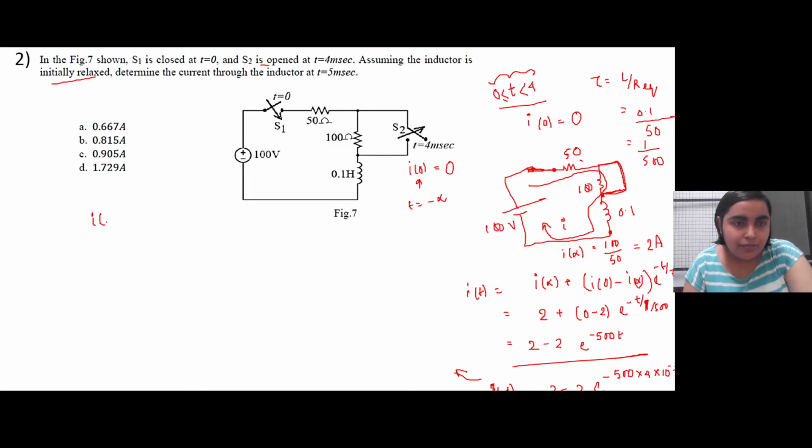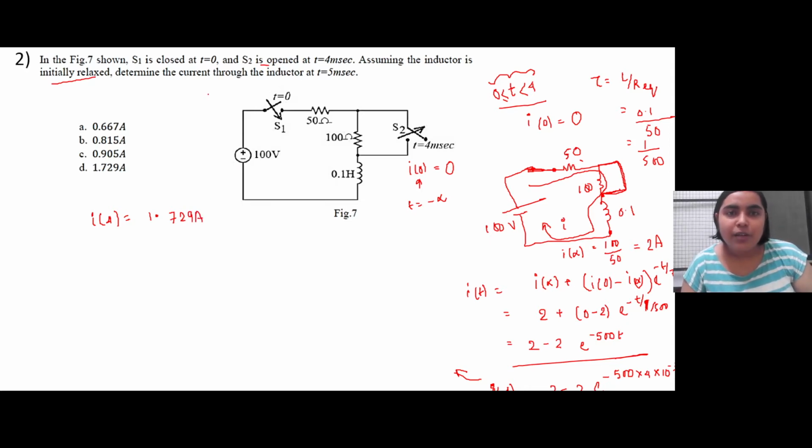So this I4 will be 2 minus 2 e to the power minus 2, which is 1.729 ampere.